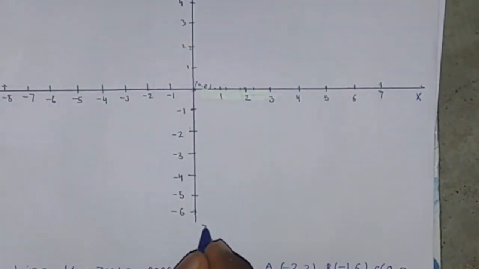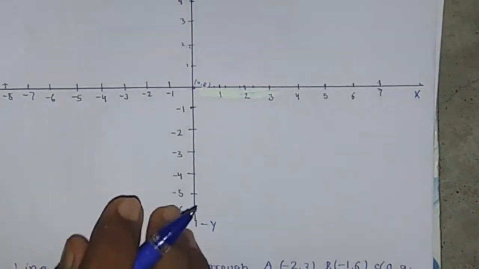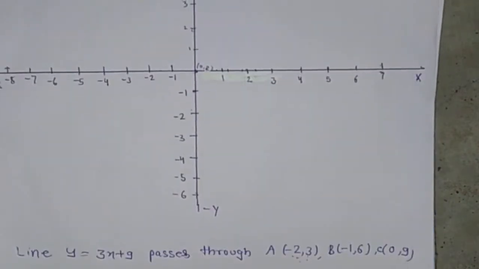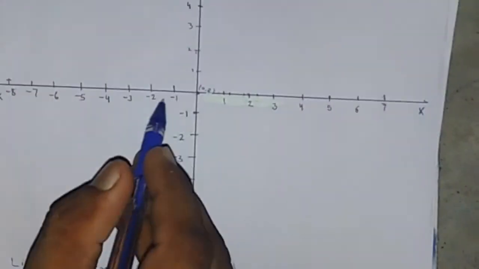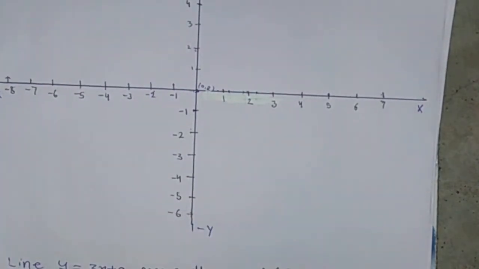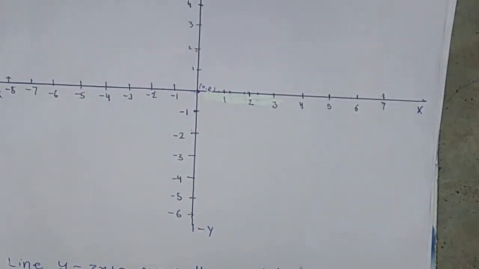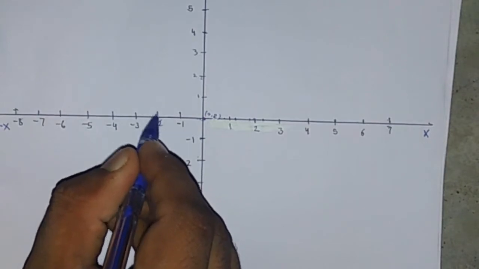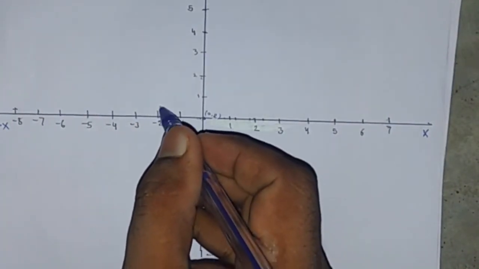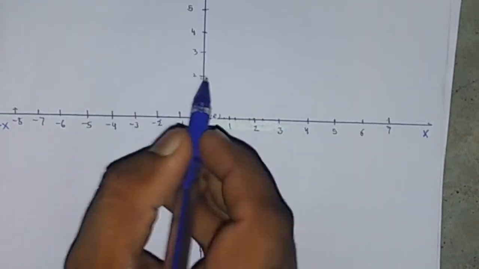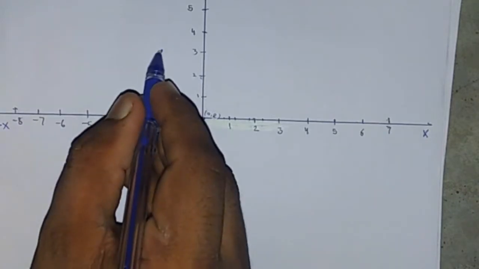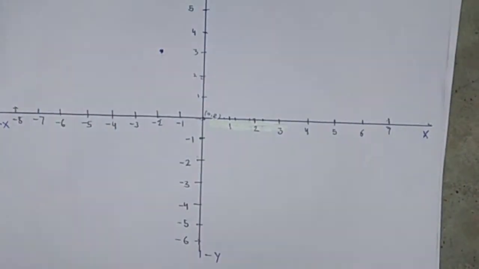For x equal minus 2, we move in the negative direction of x-axis 2 units, and in the positive direction of y-axis 3 units, upward. We come to this point and it is minus 2 comma 3.